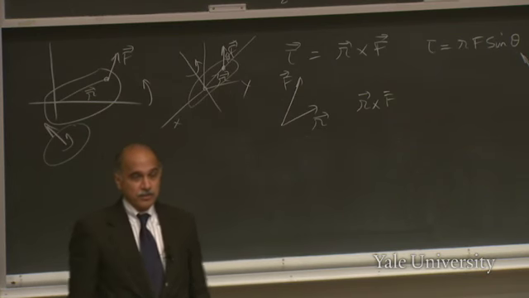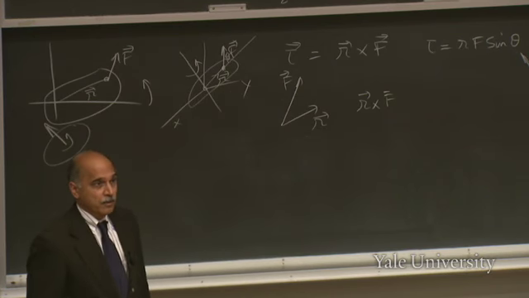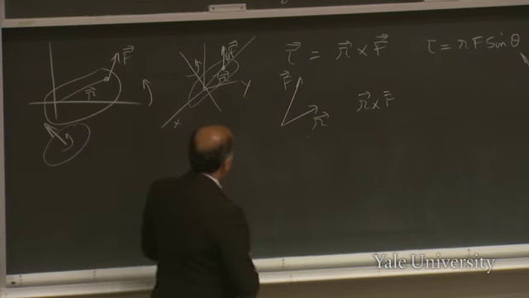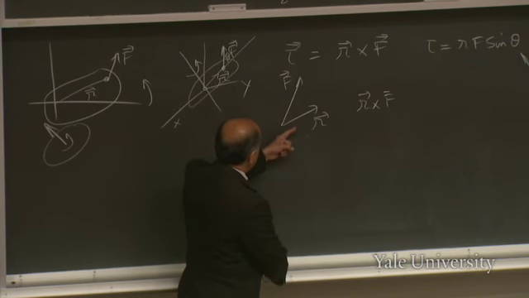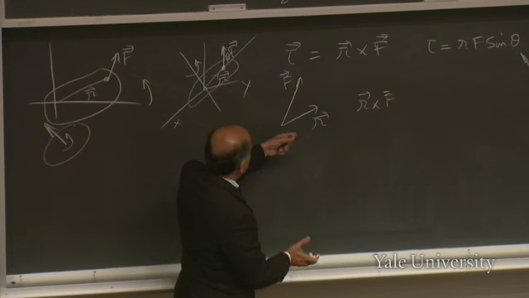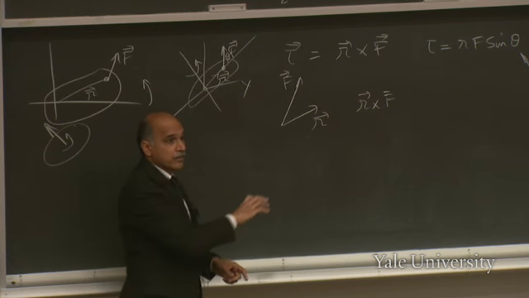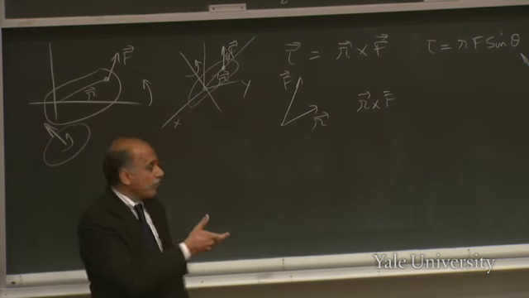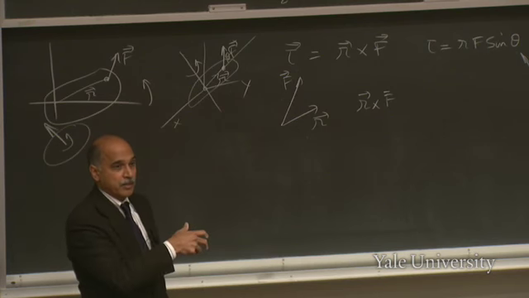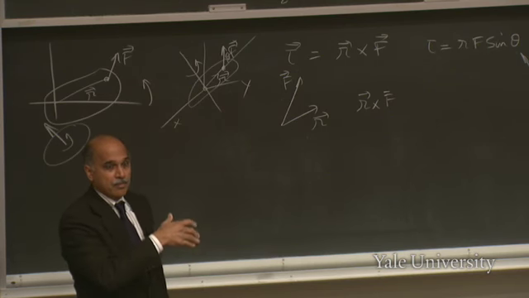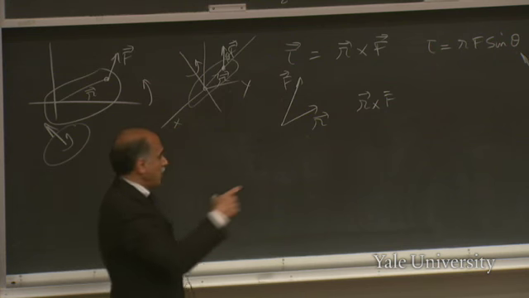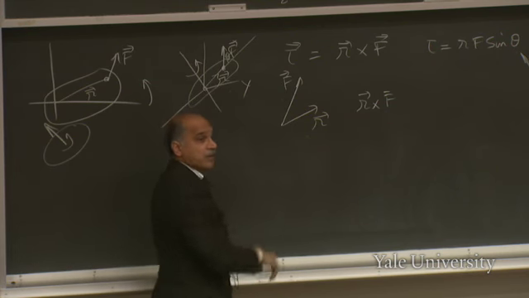And the convention is stated in many different ways. One convention is you take this r and you turn a screwdriver from r to f. You imagine in your mind, take a screwdriver, turn the screwdriver from r to f.